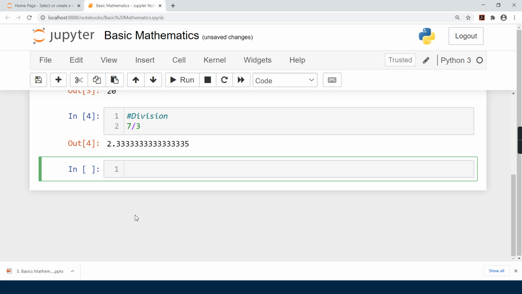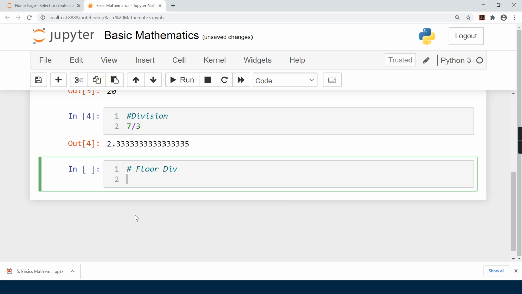Now these were the regular operations, but like I mentioned, we have something called the floor division. I'll just write it as floor div, and let's do the same operation of floor division. Instead of writing forward slash only once, we are going to write forward slash twice.